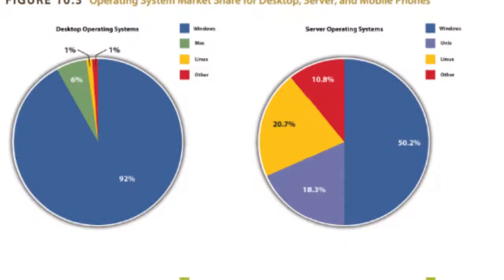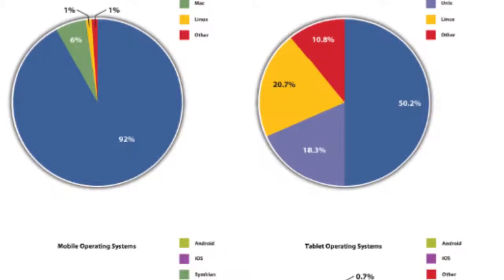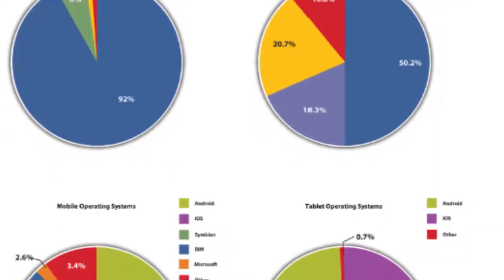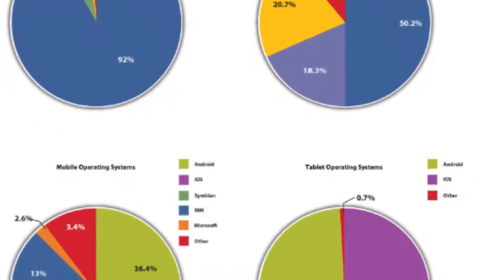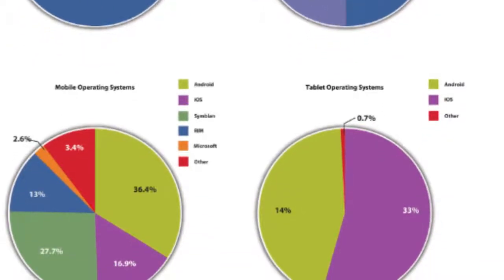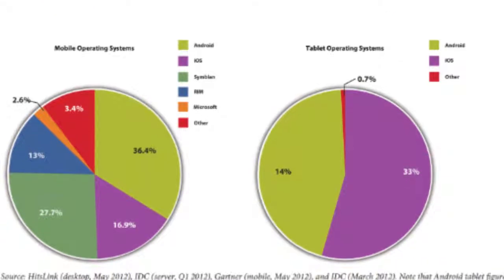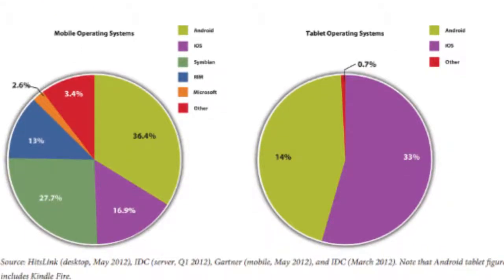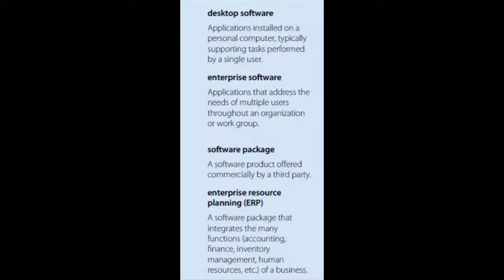And in server operating systems, Linux and Unix being free and doing what they do very well, Microsoft has had a little bit tougher time getting a monopoly there. And in the mobile operating system and tablet operating systems, Apple has done better because of this idea of network effects and being first to market.